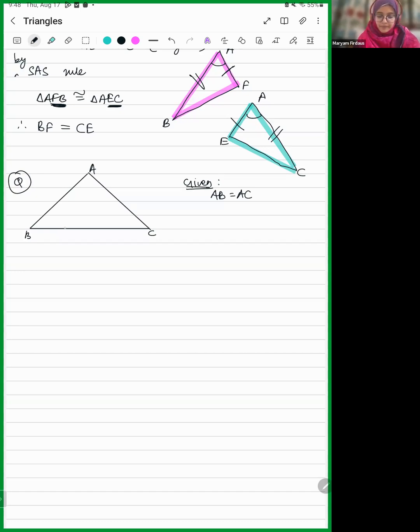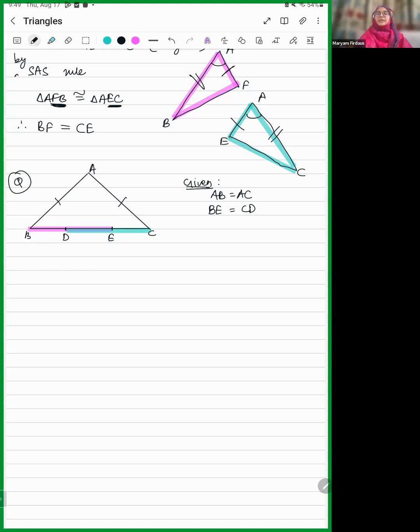And we have 2 points over here. This is D and this is E. And they are telling us that BE is equal to CD. So BE is this portion, and CD is this portion.